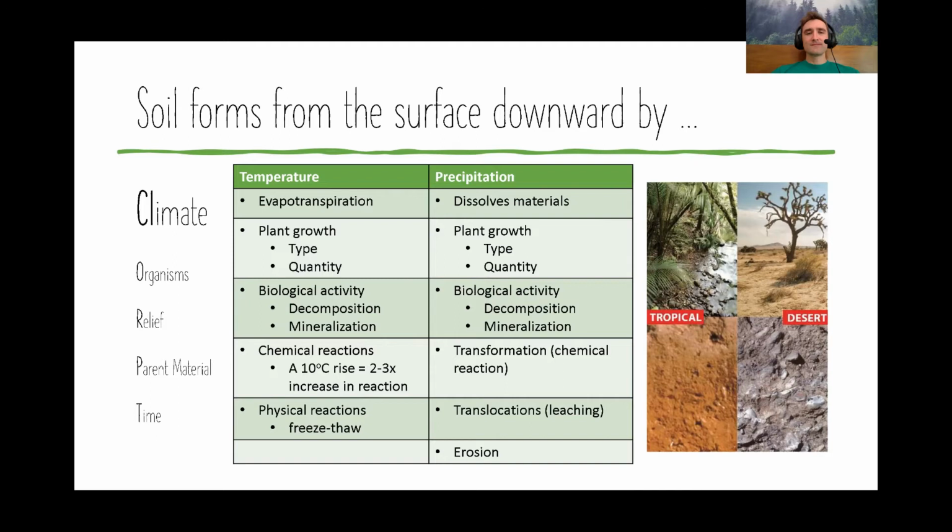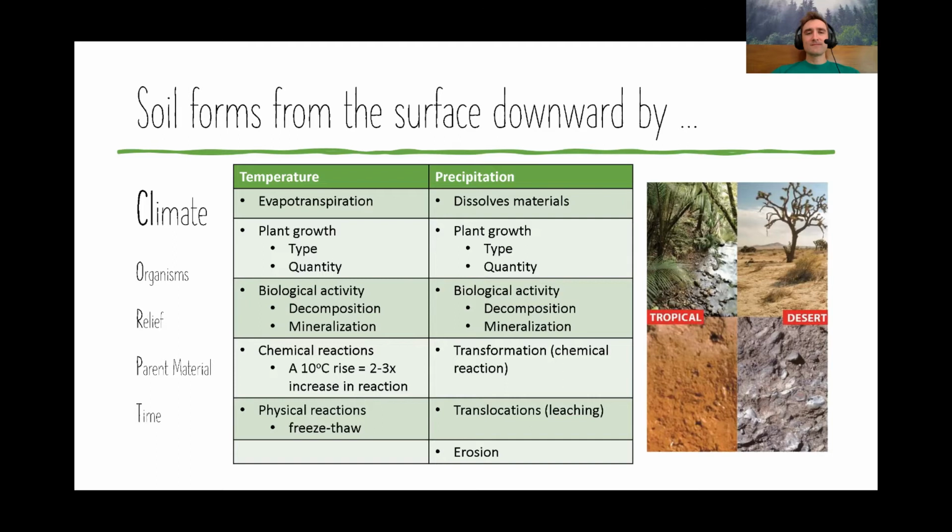Temperature has an impact on the rate of evapotranspiration, as well as the rate of plant growth and the amount of biological activity, and chemical reactions themselves will increase at higher temperatures. In fact, a 10 degrees Celsius rise in average temperature tends to lead to a doubling or tripling of chemical reactions in the soil.